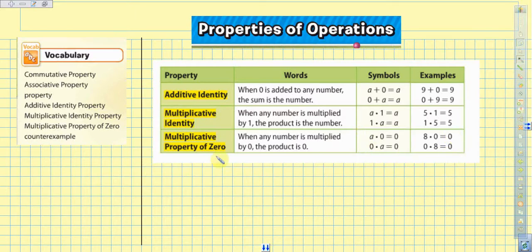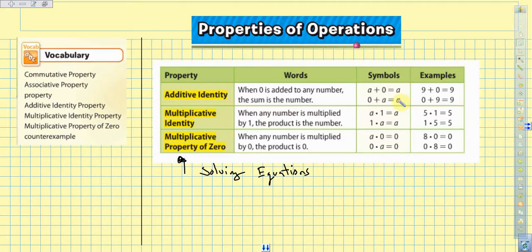And you might think, well, that's easy. We already knew that, Mr. McCollum. We knew that if we add 0 to a number, it's going to stay the same. We knew that if we multiplied 1 to a number, it's going to be the same. We know that if we multiply a number by 0, it's going to be 0. Why do we need to know the names of these? Well, when we start solving equations, these are the tools that we're going to use to solve them.